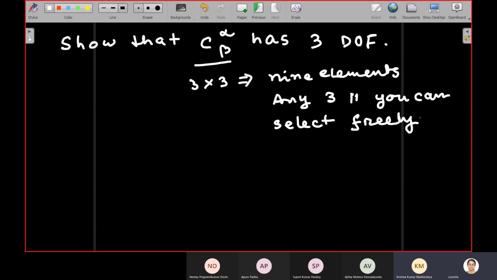So if you pick these 3 elements, the other 6 elements are related by some equation, so they are automatically determined from the equations. So any coordinate transformation matrix has 3 degrees of freedom. You need to show this. Okay.